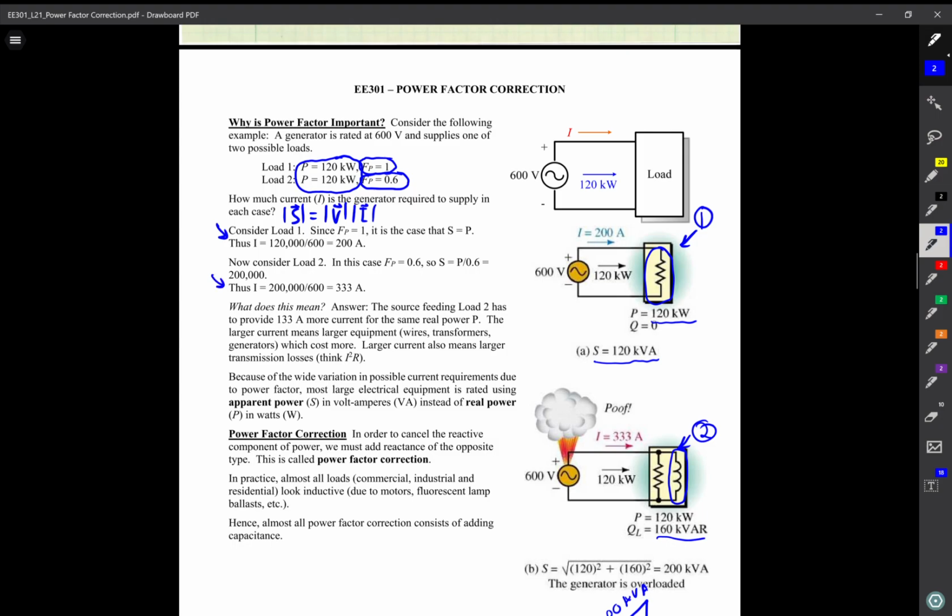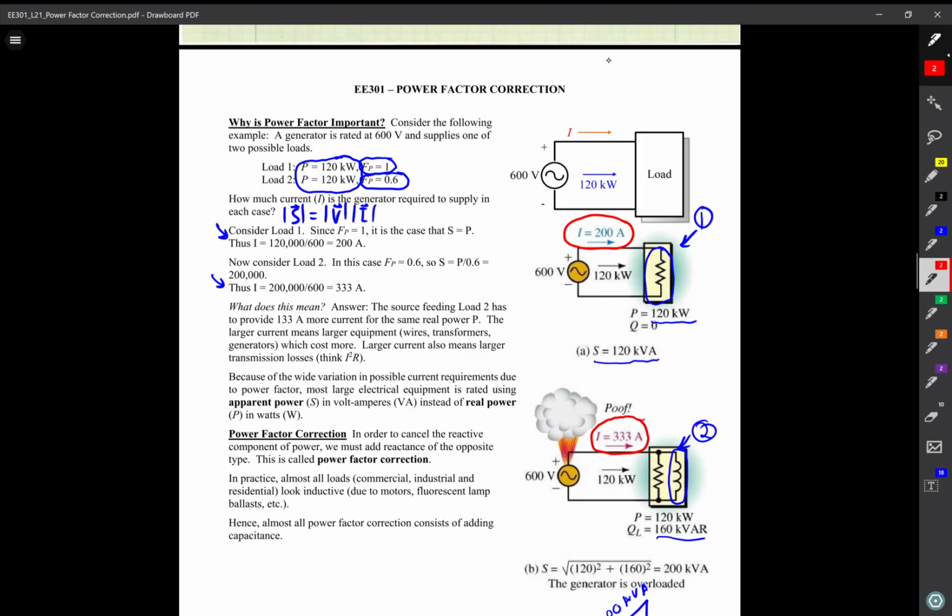Now notice the difference. I have 200 amps delivered to load 1, but 333 amps delivered to load 2, and I'm delivering the same amount of power. So what this means is that I need 133 amps more current for the same real power for load 2.